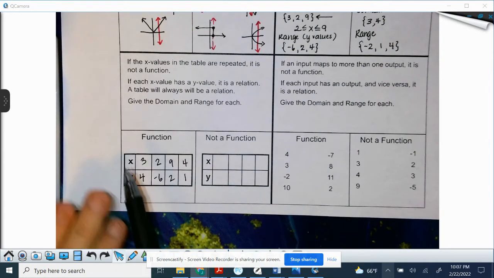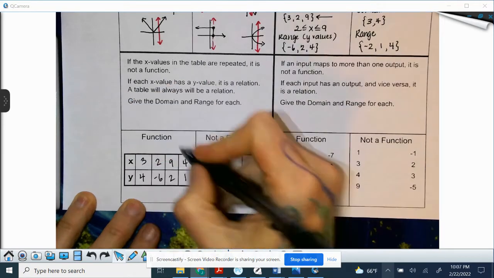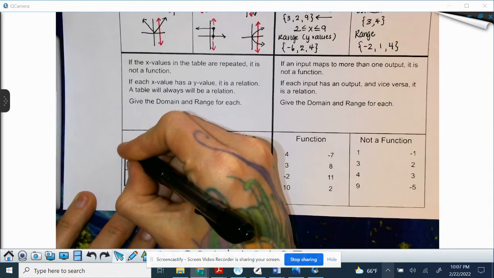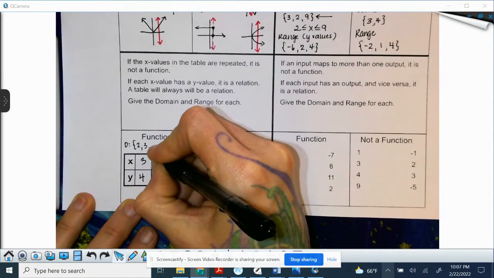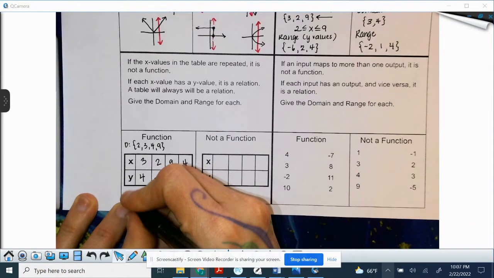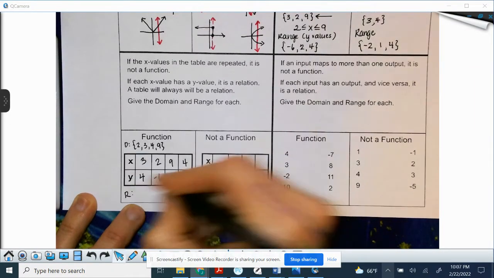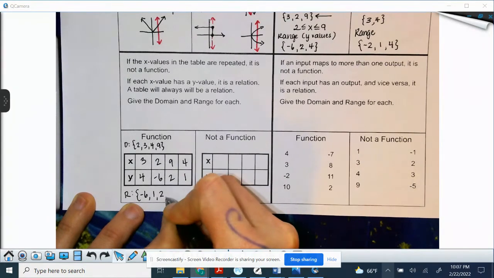And given in this way, unless noted that it is attached and that it is a line, your domain would again be your x values. So we've got 2, 3, 4, 9. And then your range, just like x, y, d, r, is going to be your y values. So -6, 1, 2, 4.